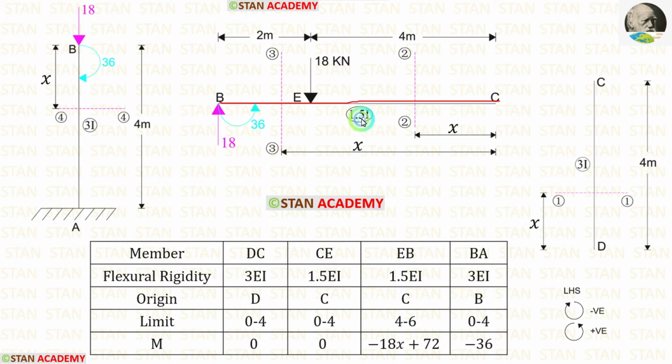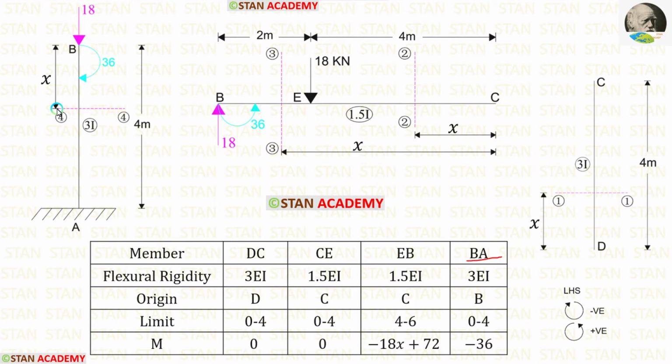For BC, the moment of inertia is 1.5I. So the flexural rigidity for CE and EB should be 1.5EI. Now let us take BA.